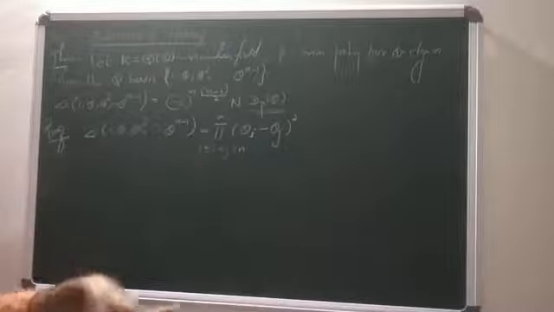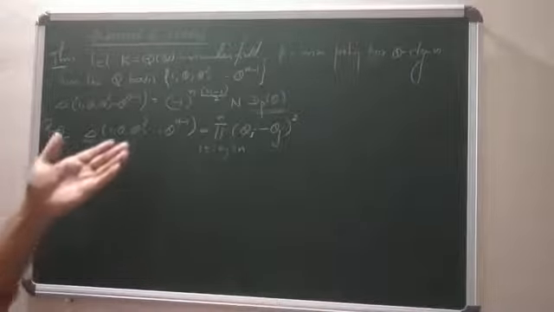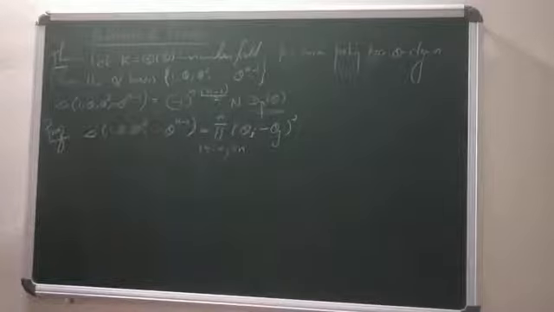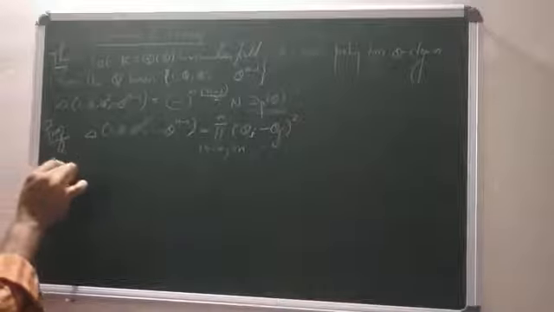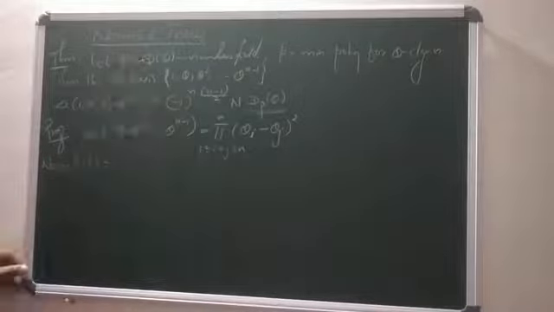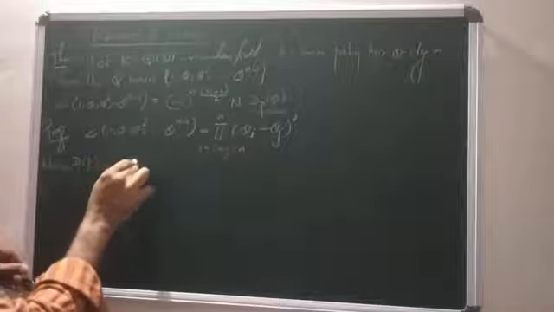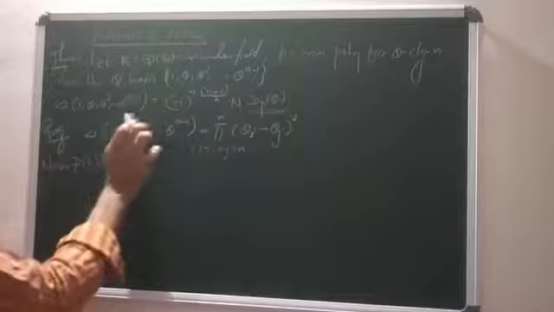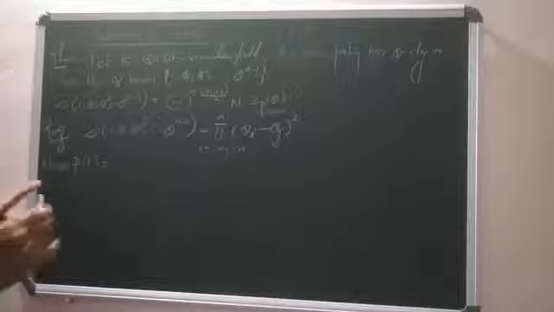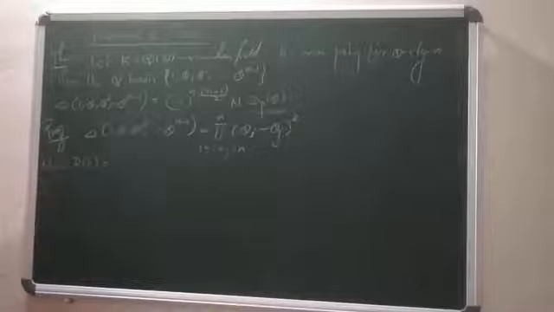We know that the theta i's are conjugates of theta: theta 1, theta 2, etc., theta n are conjugates of theta. Now, what is P of t? We know that P is the minimal polynomial of theta of degree n. If P were the minimal polynomial for theta of degree 1, then P of t is t minus theta.